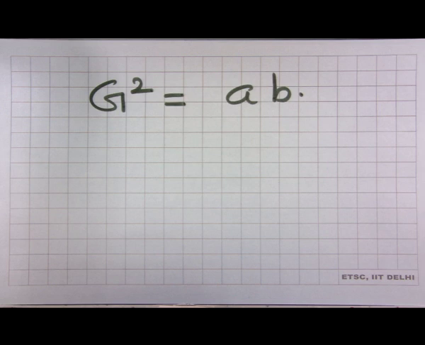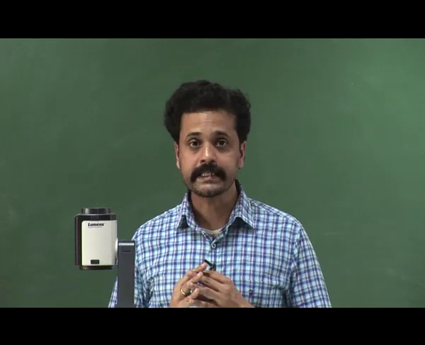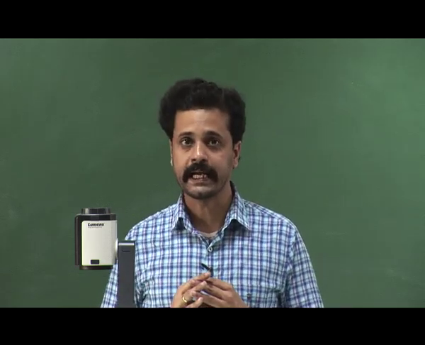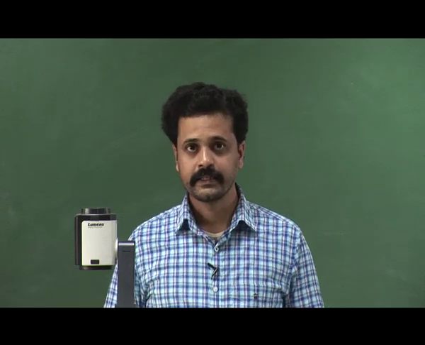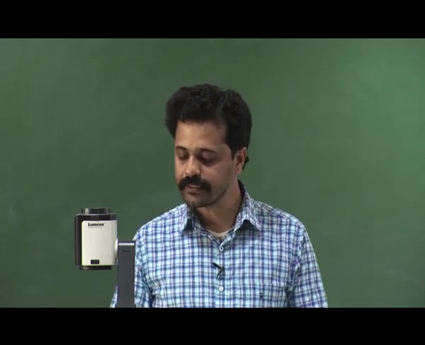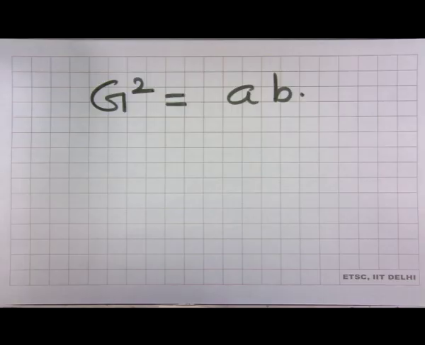Note that the square of a real number is always non-negative. Therefore, for existence of a real G satisfying G square is equal to AB, A and B should have the same sign.